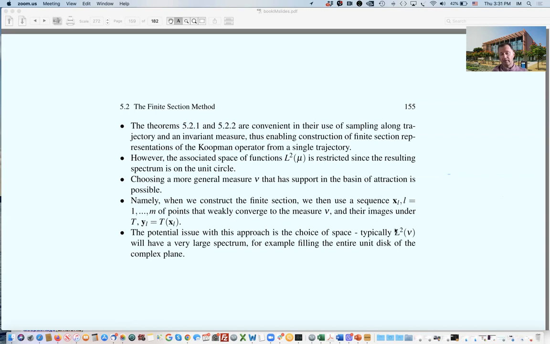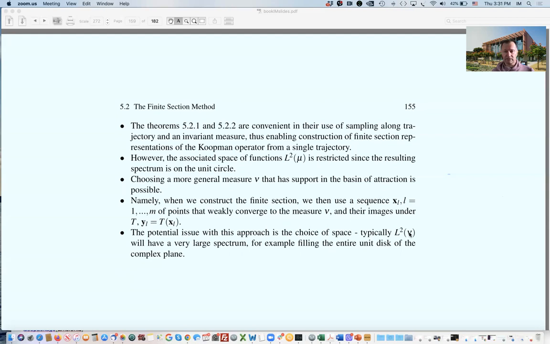Very often in the literature, the measure nu is chosen as some arbitrary measure, and that can lead to very serious problems in the interpretation of the results. So one needs to work a little bit harder.